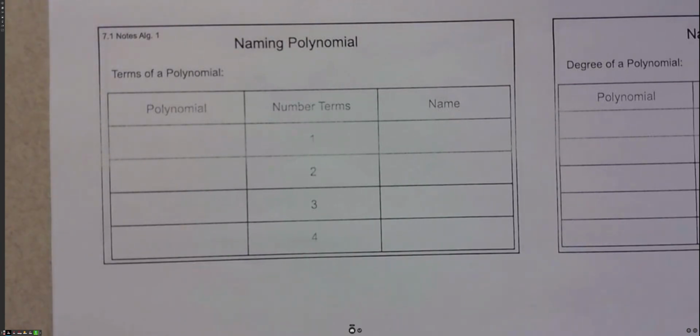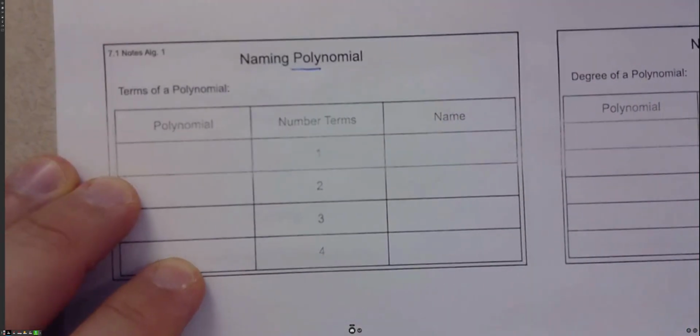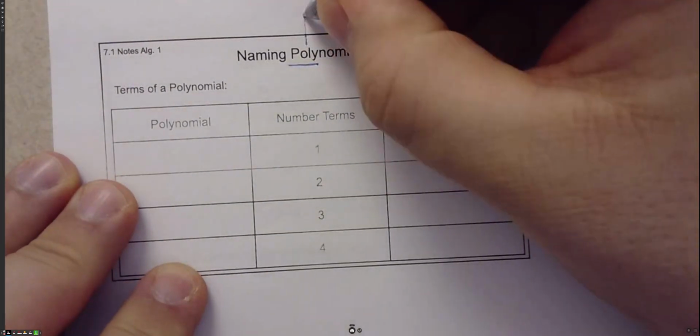So let's talk about this word polynomial. What does the prefix poly mean? Does anyone know? Many, yeah. So poly means many.